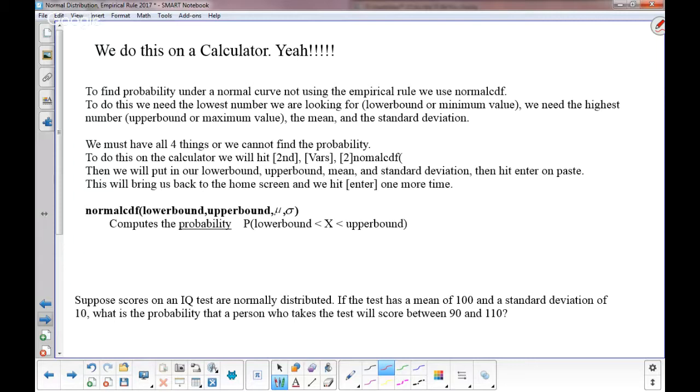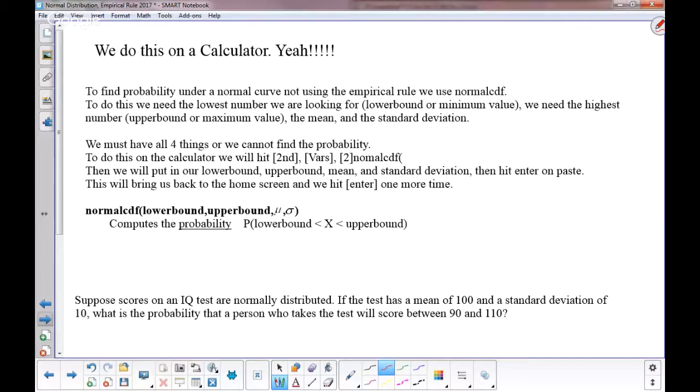If I tell you we're going to be less than a number, our upper bound is established by that number, but the lower bound is going to be some ridiculously low number. Normally it would be infinity, but we can't write infinity on our calculator. Same thing if we say we're looking above a number: we have the lower bound, and we'll be using a big, big number, again ridiculous. We have to have all four of these things.